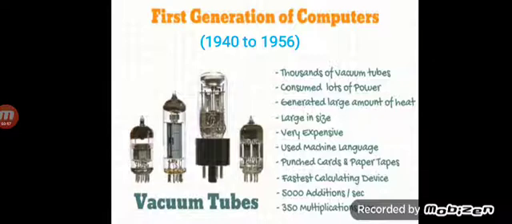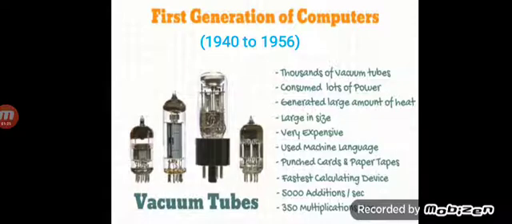The first generation of computers used thousands of vacuum tubes. Vacuum tubes you are able to see on the screen. These are called vacuum tubes. As a result, they consumed a lot of power and released a high amount of heat. They were large in size and very expensive also.